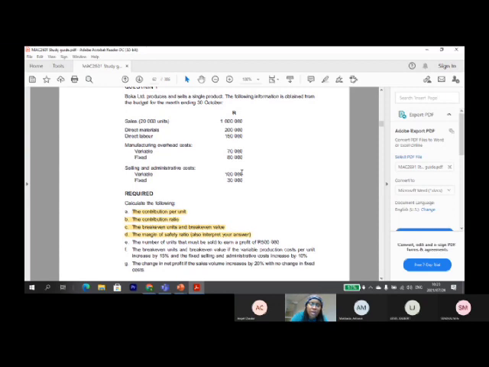For you to not run out of time, it's knowing which tools to use when you're approached with a question, and also knowing formulas by heart. Because management accounting is more like maths. You also need to practice. So for you to know formulas and to know what you're doing, you need to practice almost every day.